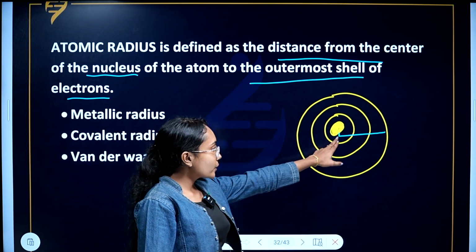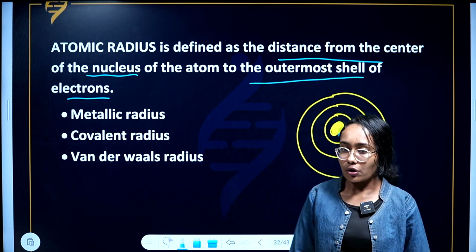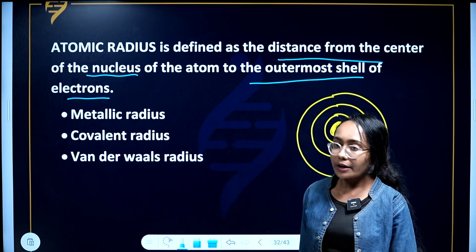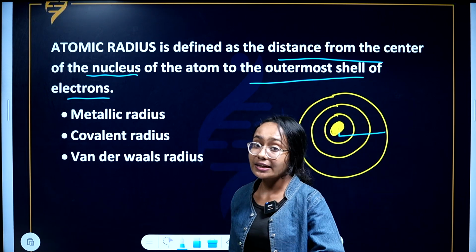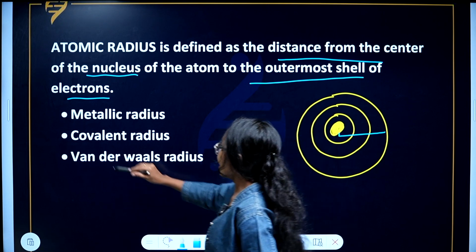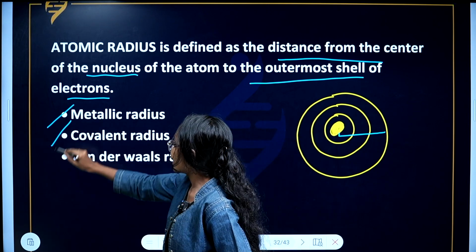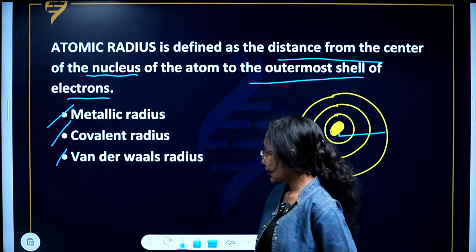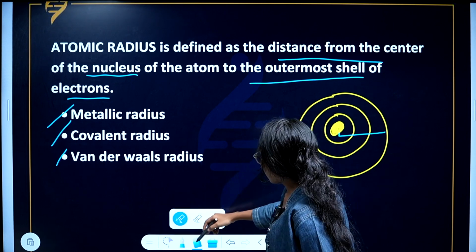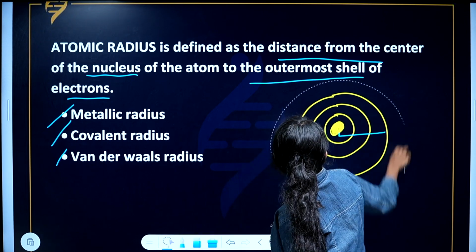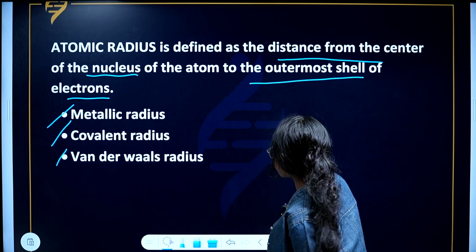This atomic radius has three subdivisions: metallic radius, covalent radius, and van der Waals radius. Let's see what those types are.